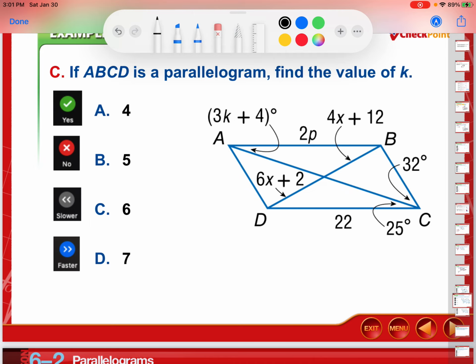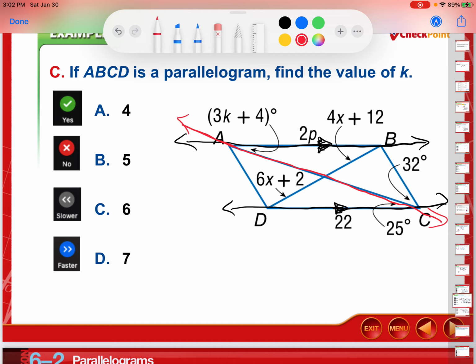If ABCD is a parallelogram, find the value of k. Now we're back to parallel lines, DC and AB are parallel, so let me draw my little arrow in to show that. Then I'm going to draw in the transversal that's cutting them.